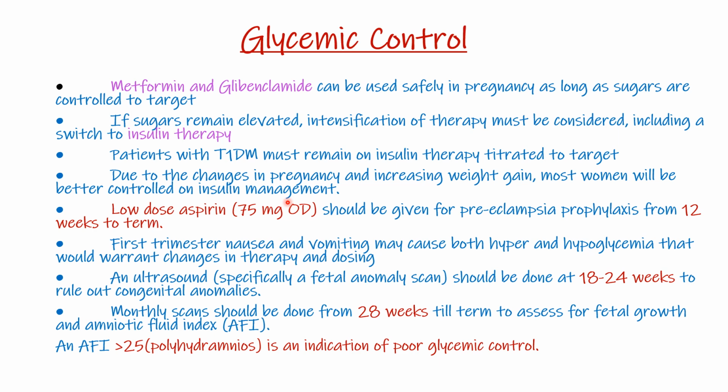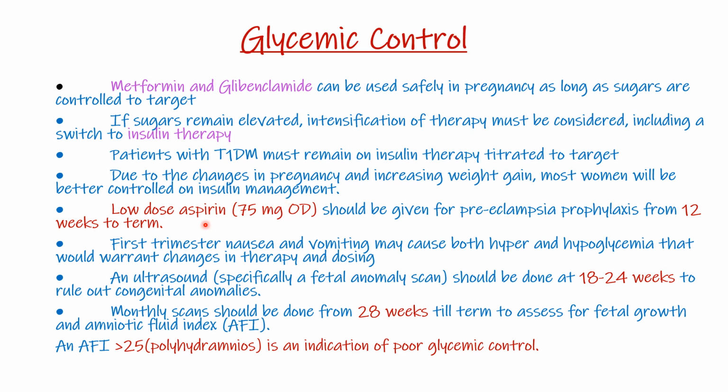In diabetes type 1, this patient will use insulin, so you continue giving them insulin and you titrate accordingly until we achieve the targets. In diabetes type 2, where we have problems with insulin resistance, you can give oral glycemic agents as long as you can achieve targets. If you can't achieve targets, then you initiate insulin therapy.